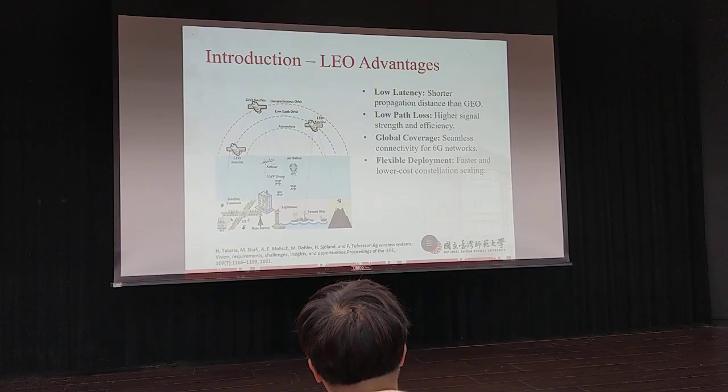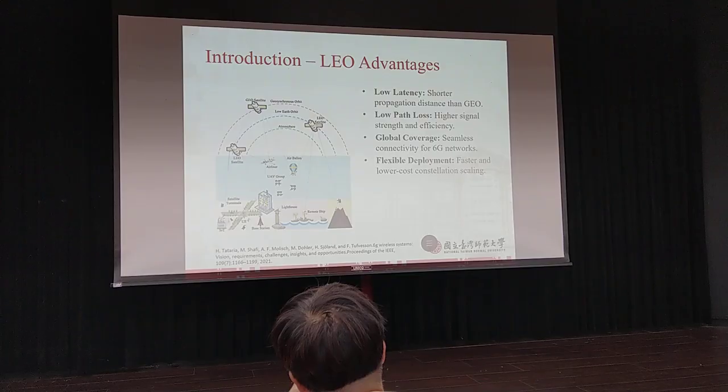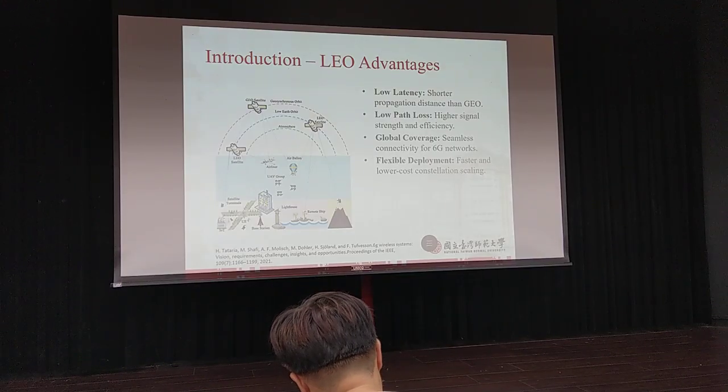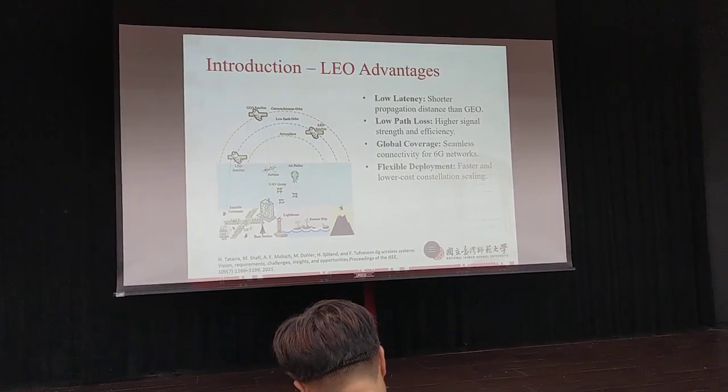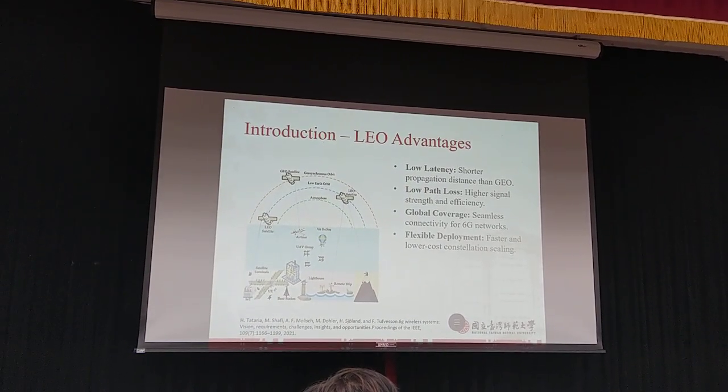LEO satellites offer 4 major advantages over traditional GEO. Number 1 is low latency due to much shorter propagation distance. Number 2 is low payload for better overall transmission efficiency. Number 3 is global coverage through mega constellations. Number 4 is flexible deployment with faster scaling and lower cost.